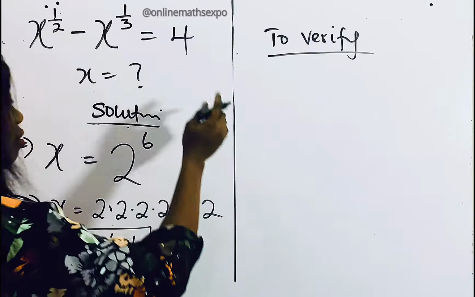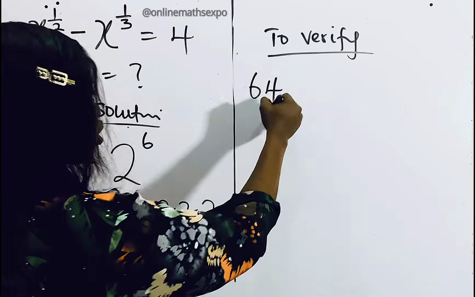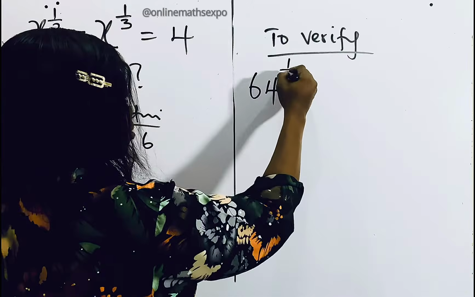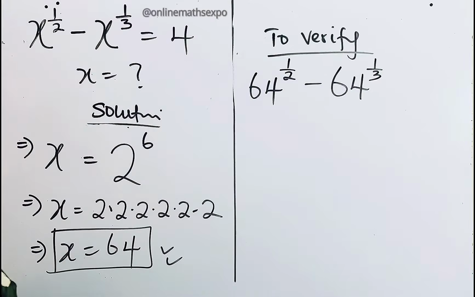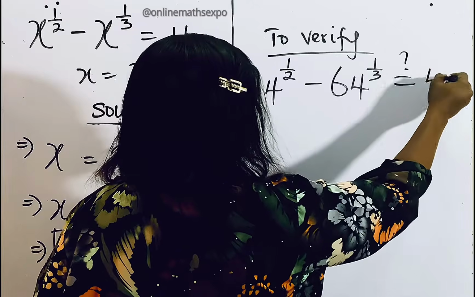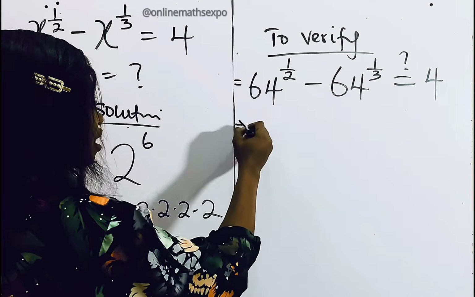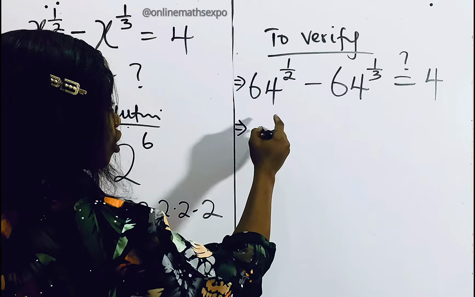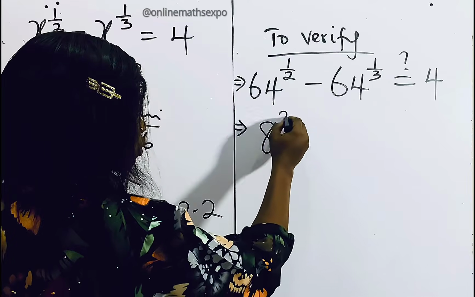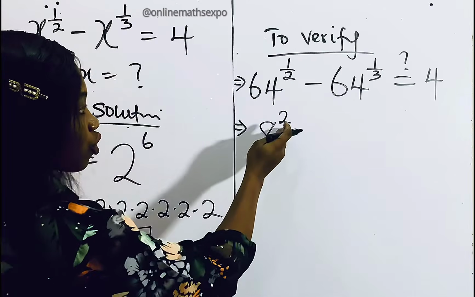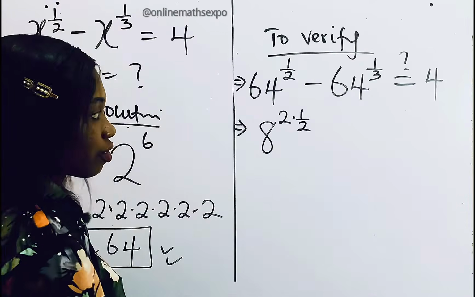this is what we have. Remember, our x is 64. So it's going to be 64 to the power of 1/2 minus 64 to the power of 1/3. Is this going to be equal to 4? Let's see. 64 is the same as 8 raised to the power of 2, and we are multiplying the power by 1/2.